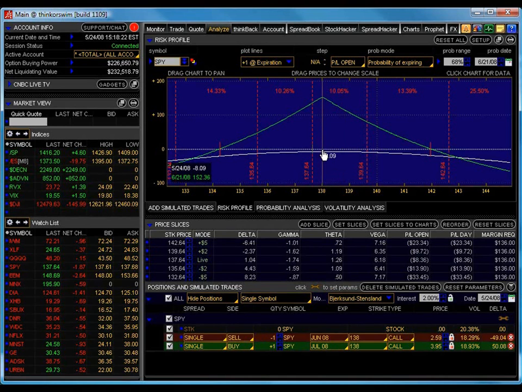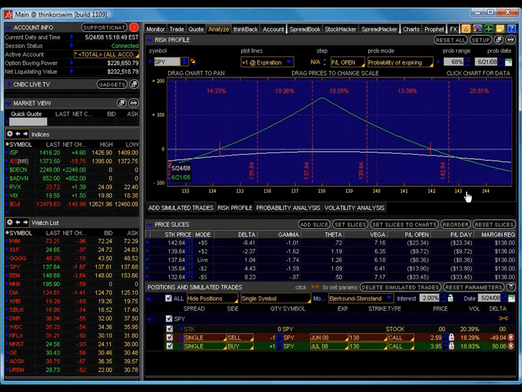We would achieve the maximum profit if at expiration this stock remained exactly at 138. We have a fairly wide break-even range here between 142 and 134 and a quarter approximately. So in other words, the price can move within this particular range and we would still achieve some profit.